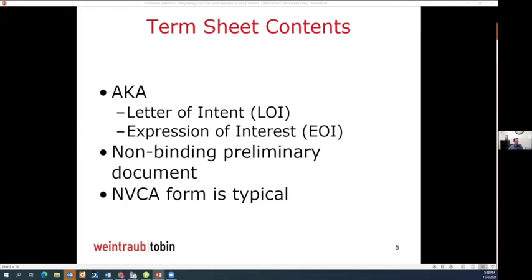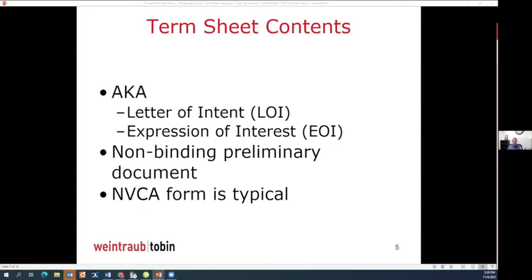So I would say there's a group, the NVCA, National Venture Capital Association, I think is their acronym. They have some form documents, and I'd say their form term sheet is becoming much more typically used. Again, it used to be at a Series A, maybe Series seed stage that it would come into play, and I'm seeing their form earlier and earlier these days, so that's becoming the norm.